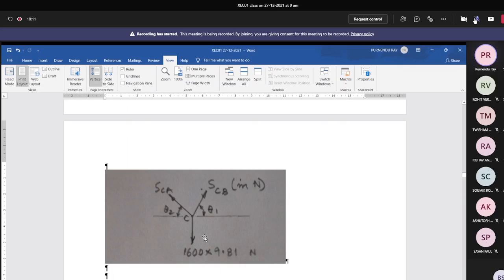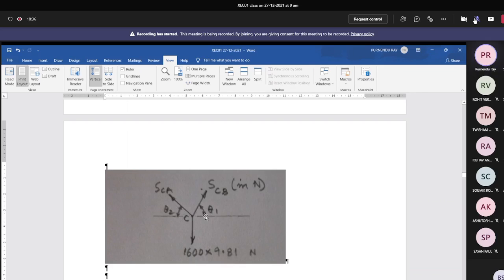Now here you can find out these angles included between SCB and SCA in this concurrent force system representation. Here, the angle included between the self weight of the block and the direction of member AC will be theta 2 plus 90 degree.